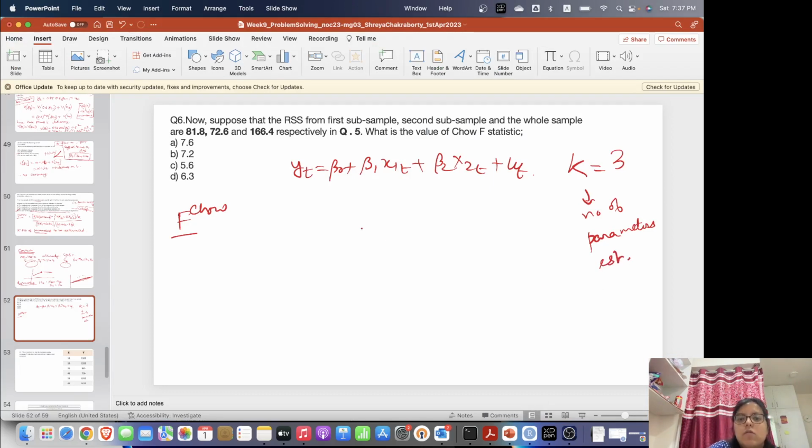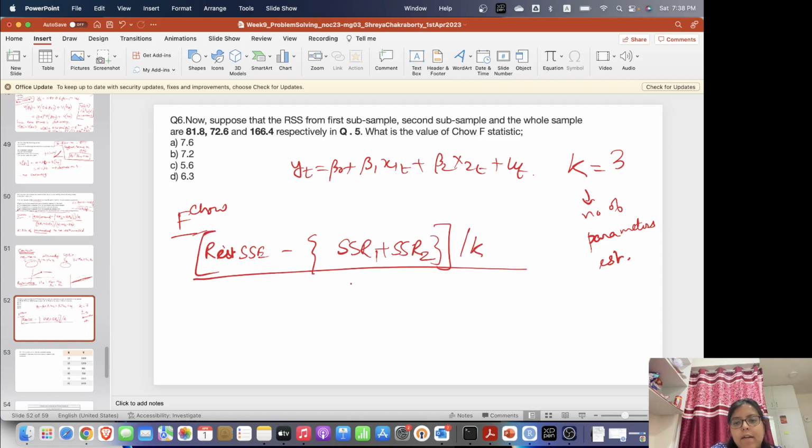Okay, so now the F Chow will be the restricted sum of squares errors minus the sum of squares error from one sample, sum of squares from 2, divided by k, by SSR1 plus SSR2 divided by N1 plus N2 minus 2k.